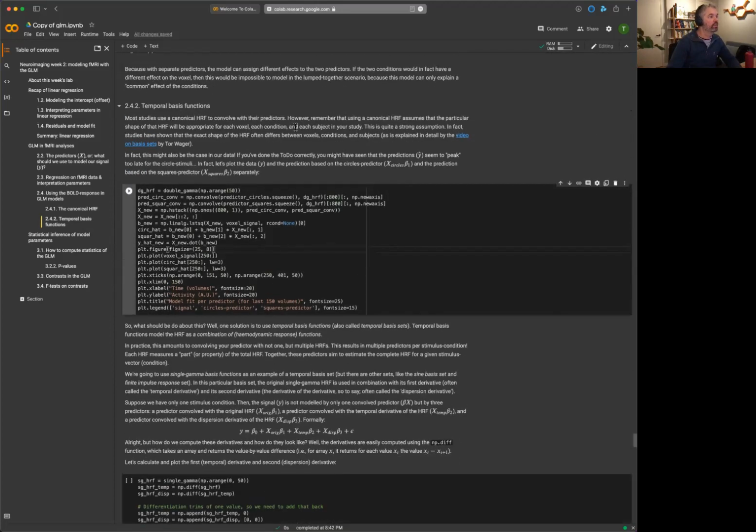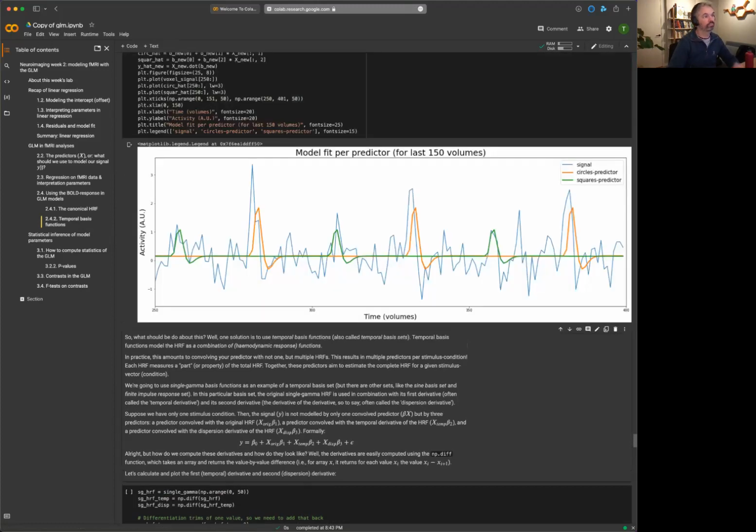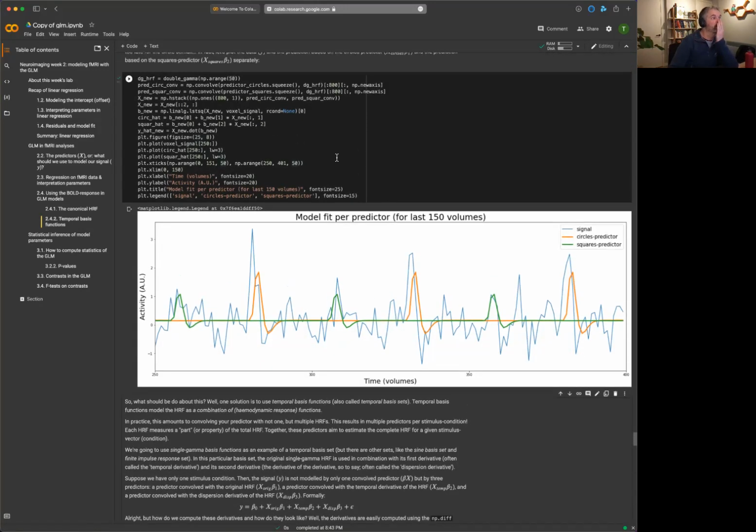Okay, we're now going to look at different shapes of the HRF. I spoke a bit about that in the lecture. So this is what we ended up with just now, right? This actually implemented everything that you were supposed to see happen before.